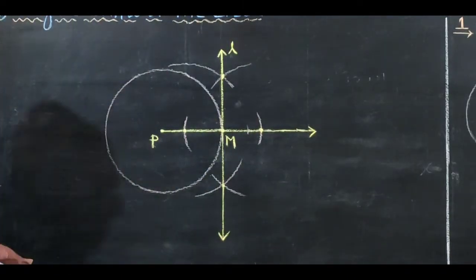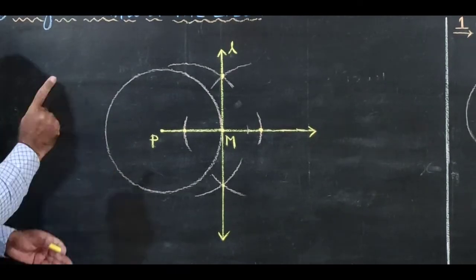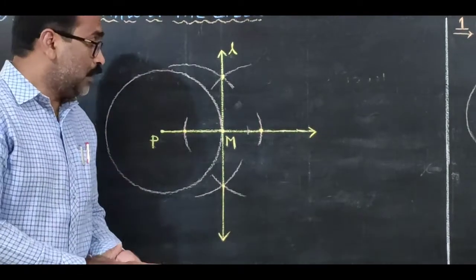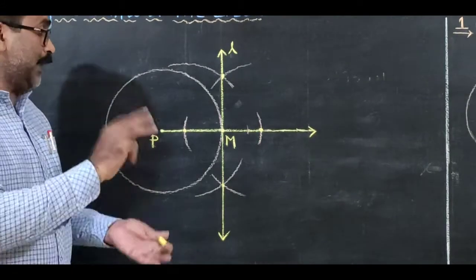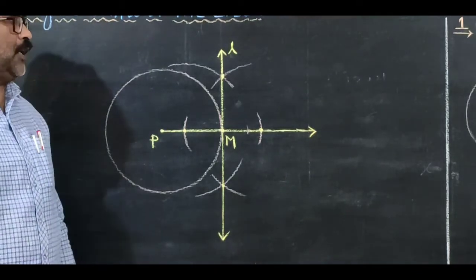Here line L is the tangent to the circle at point M on it. So we draw the tangent to the circle from a point on it using the center of the circle. Here we complete the first question.